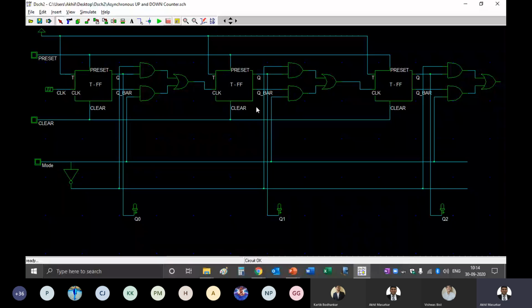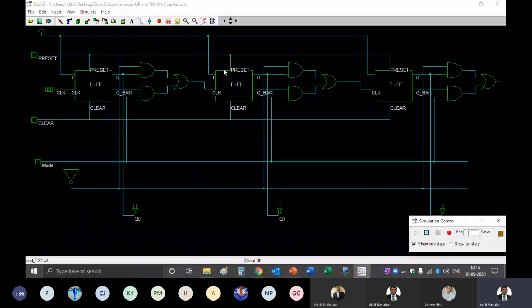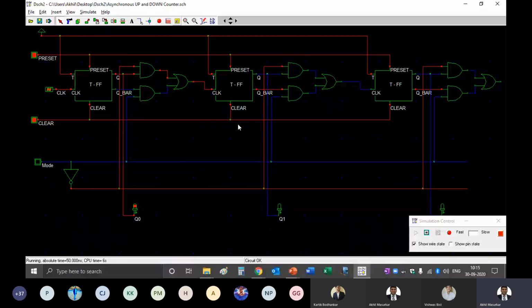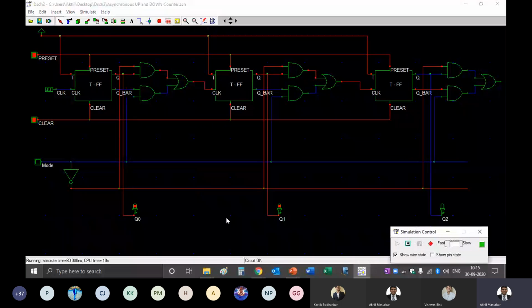Now you should be able to see the circuit in front of you, and the basics are all the same. I will just run this circuit now. Initially I have to clear it and then keep clear and preset at 1. You can see here that the counting has started.